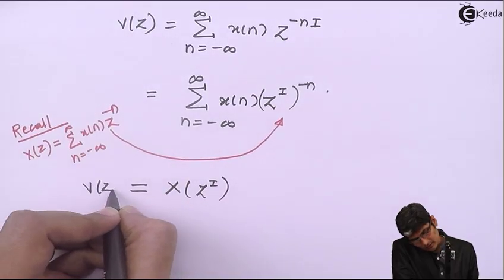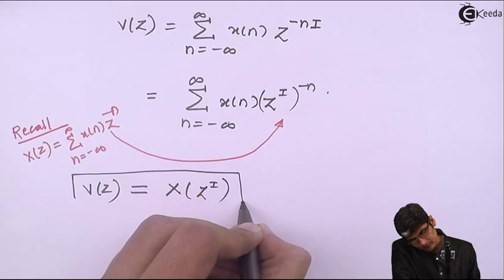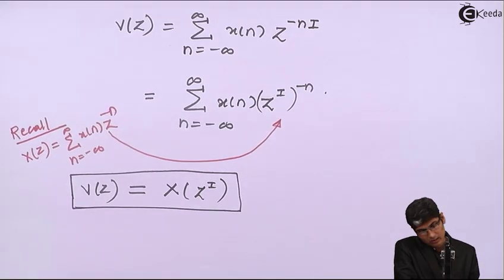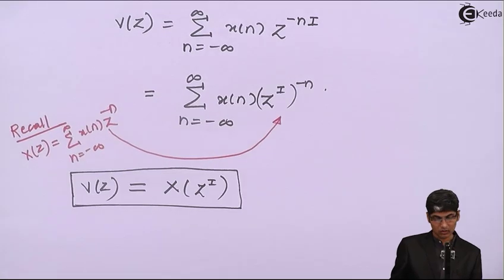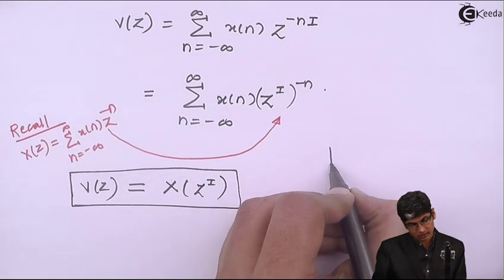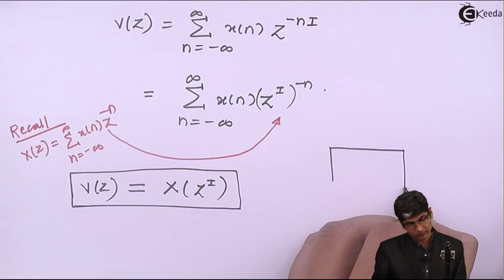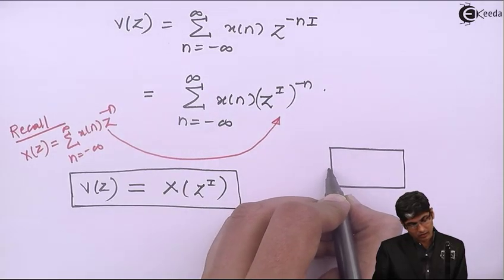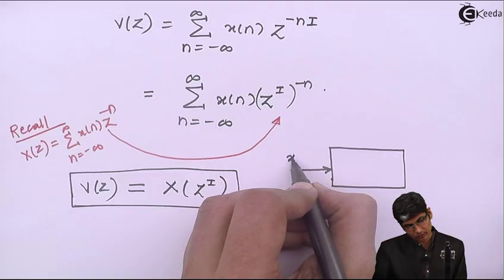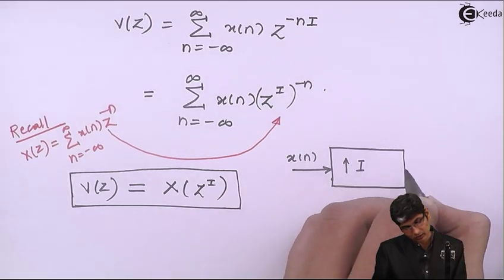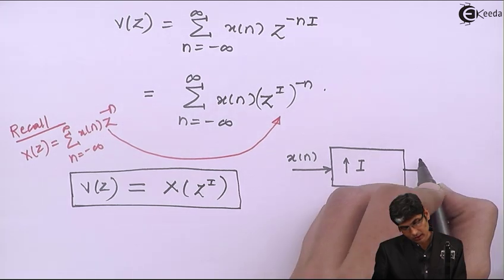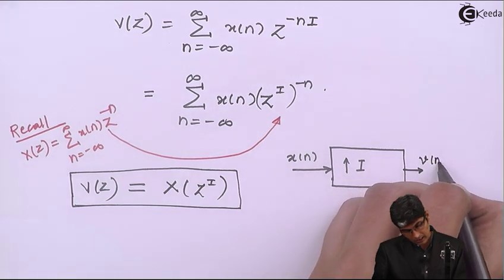So, what is v of z? V of z is nothing but x of z raised to I. Now, how much we have got so far is that we had an interpolator to which I have given input as x of n, which was upsampled by a factor of I, and then I got v of m, let's say.